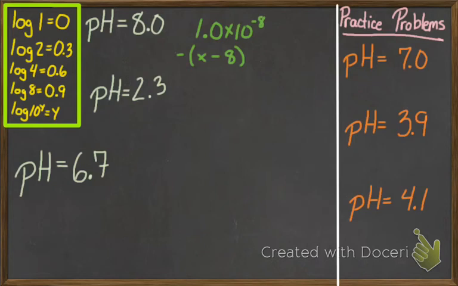So x would be equal to 0, and the log of 1 is equal to 0. I hope I didn't confuse you with that. X is 0, so therefore it has to be the log of 1. Let's go to the next one.